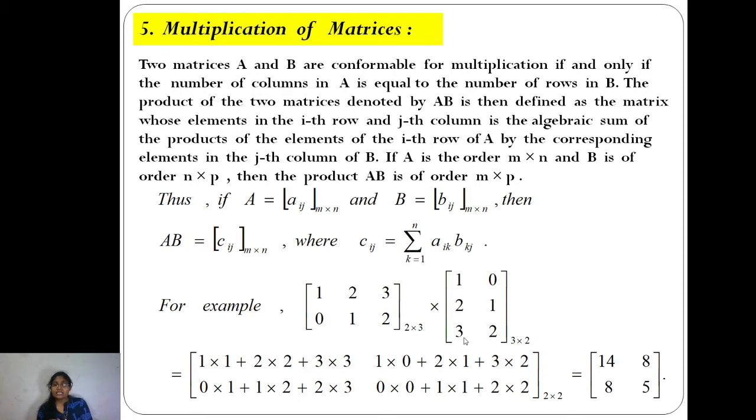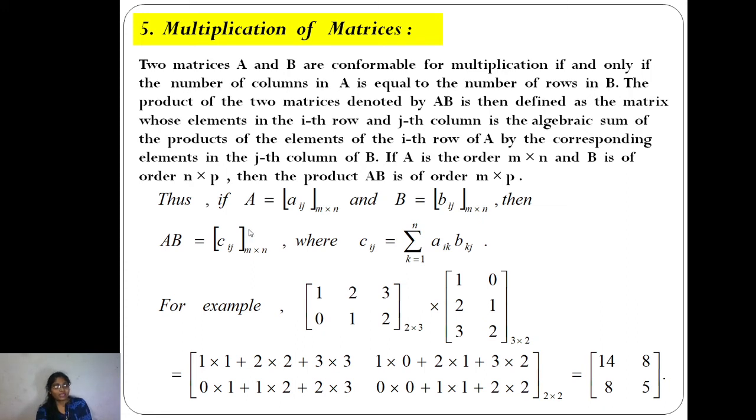If capital A is of order m by n and capital B is of order n by p, then the product AB is of order m by p. That means if capital A is of order m by n, n is the number of columns of matrix A, and B is of order n by p, n is the number of rows of matrix B. If the number of columns in capital A is equal to the number of rows in capital B, then AB exists.